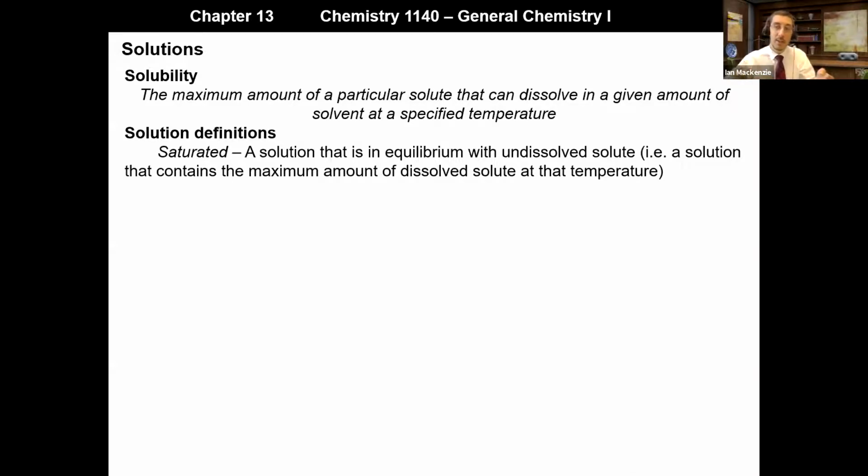The solution above that is termed saturated because we put as much into it as possible. It is now in equilibrium between the solution and the remaining solid material. We can't dissolve any more in. We can't get any additional amount into solution at that temperature.